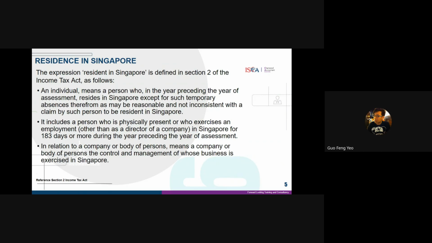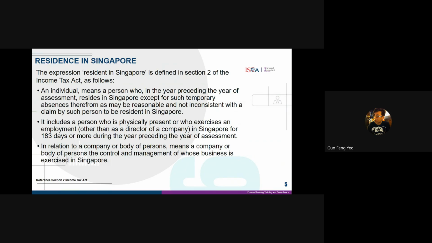It includes a person who is physically present or exercises an employment other than as a director of a company in Singapore for 183 days or more during the year preceding the year of assessment.